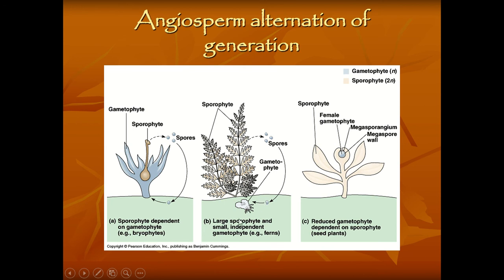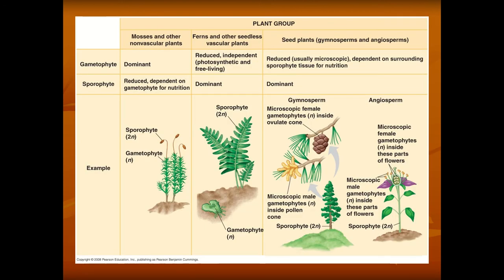For this one, large sporophytes and small independent gametophytes do not depend on each other, such as in the pteridophyte plant group. And this one, reduced gametophytes depend on sporophytes, as in seed plants, angiosperms and gymnosperms. Okay, so you can read this one later.